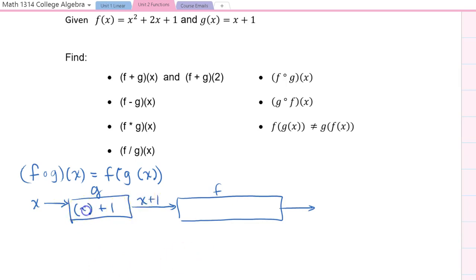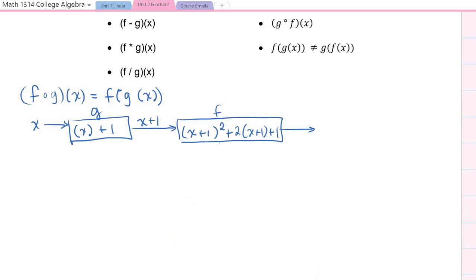Now we will put our x plus 1 into the parentheses of the f function, which is represented by the parentheses squared plus 2 times the parentheses plus 1. So the output will be (x plus 1) squared plus 2 times (x plus 1) and then plus 1. That needs to be simplified. In order to simplify, first we need to multiply our (x plus 1) quantity squared out.